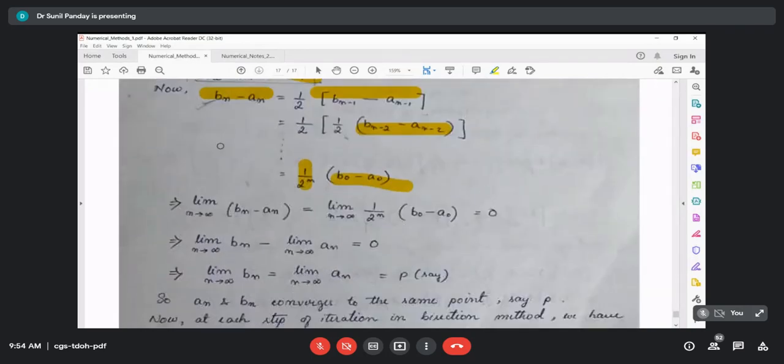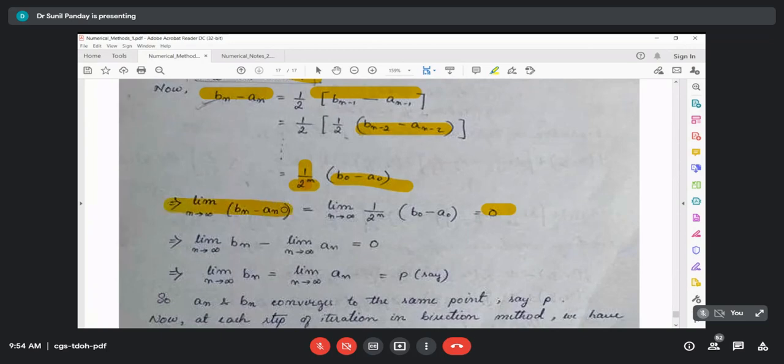Then you take the limit as n tends to infinity. b0 minus a0 is a fixed quantity, but 1/2^n goes towards 0 as 1/2 is less than 1, so its nth power goes to 0, or its denominator goes to infinity. So the whole thing turns out to be 0.